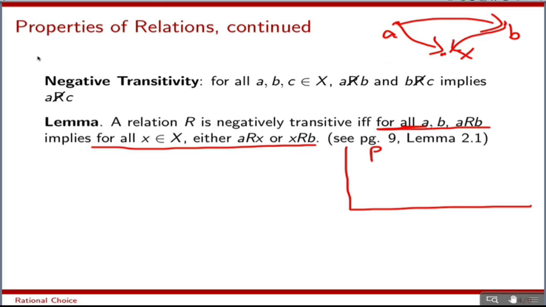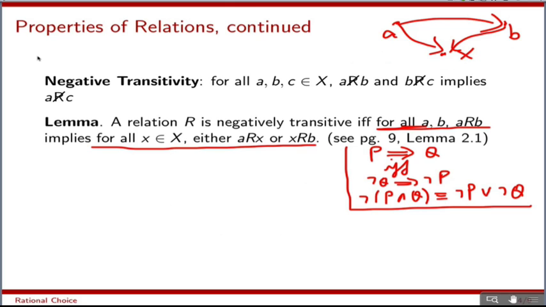The first is contraposition, which is if P implies Q, this is equivalent to not Q implies not P. And secondly, if it's not the case that P and Q is true, that's just equivalent to saying not P or not Q. So this is just a reminder of the logic that we'll be using.